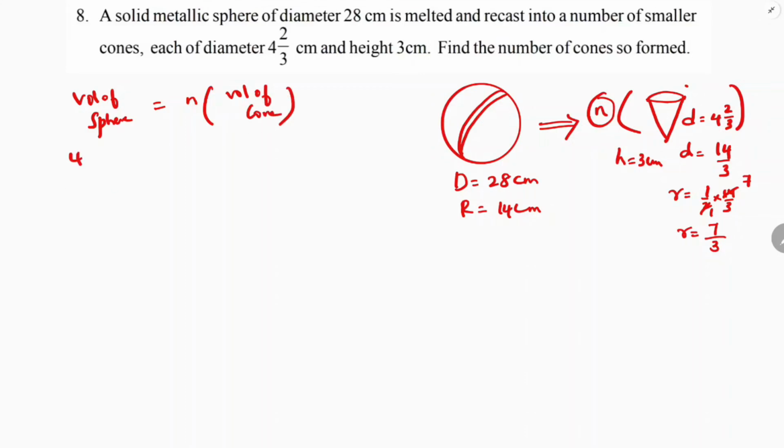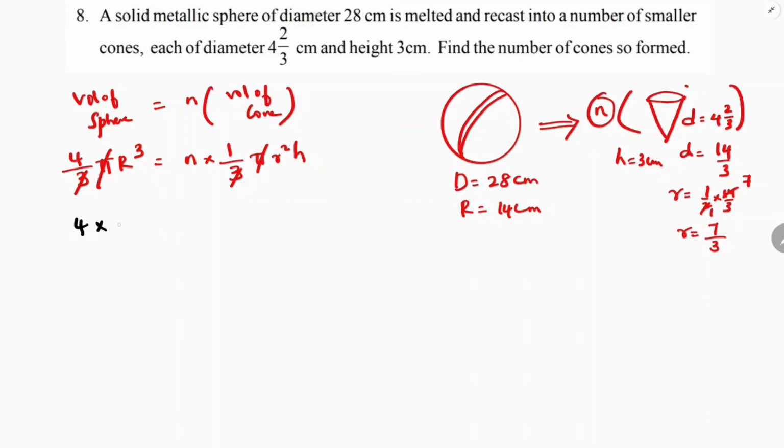So formula is volume of sphere is 4 by 3 pi r cube, and n into volume of cone is 1 by 3 pi r square h. Pi cancel, 3 and 3 also cancel. Now I need to find n.